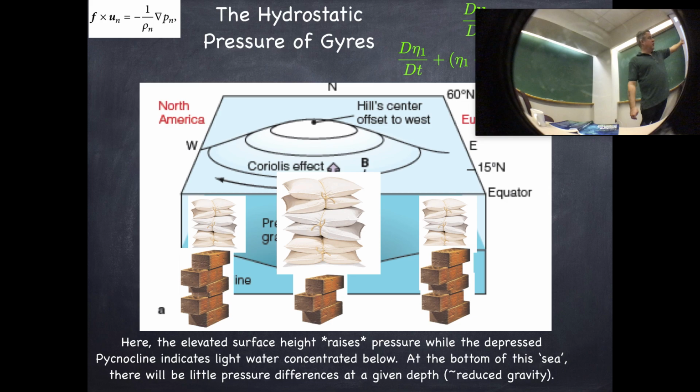So in the middle of the gyre, there's more water piled up. So is it a high pressure in the middle or a low pressure in the middle? High pressure. But then below, there's actually a canceling effect because the pycnocline goes down. And so there's almost no pressure gradients below. So a gyre, a subtropical gyre, is a high pressure anomaly in the center, and it has geostrophic motion around.